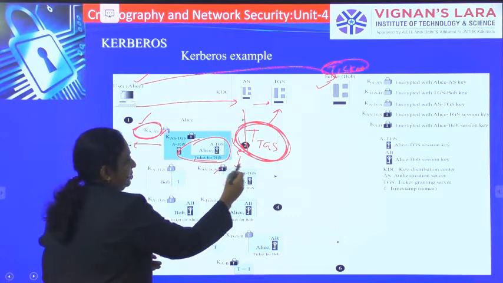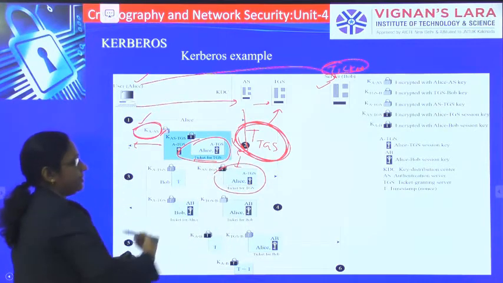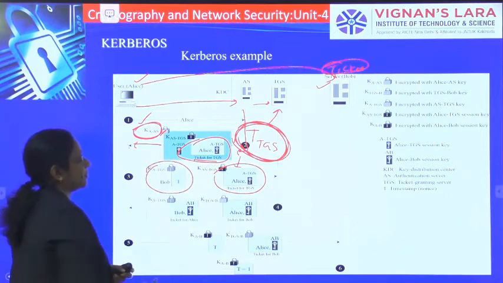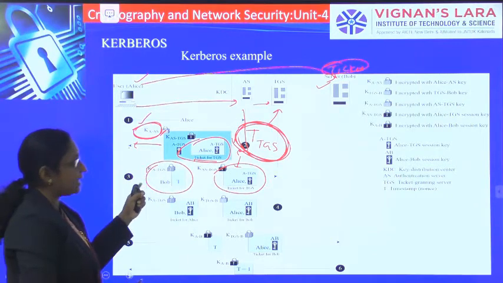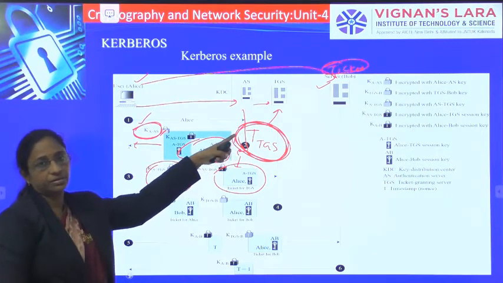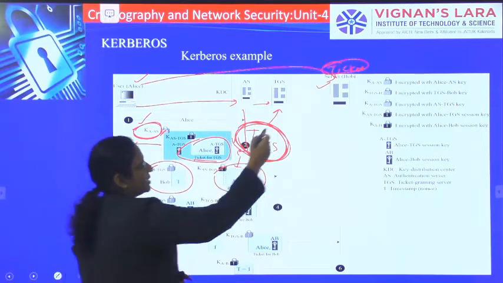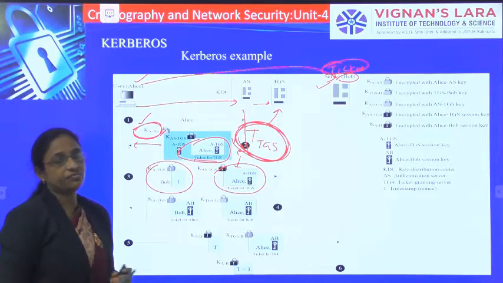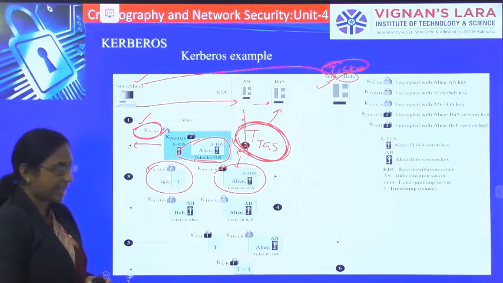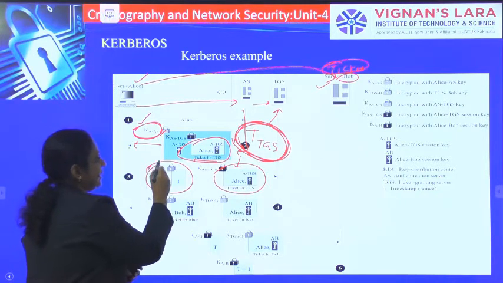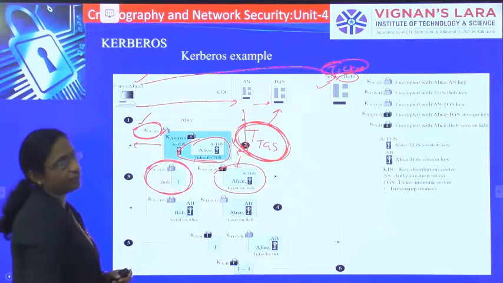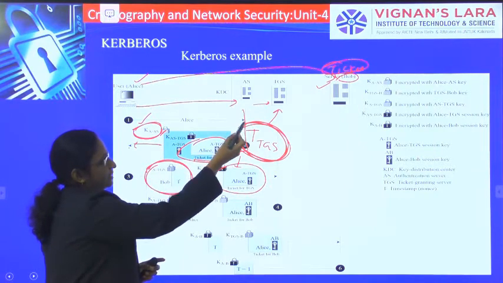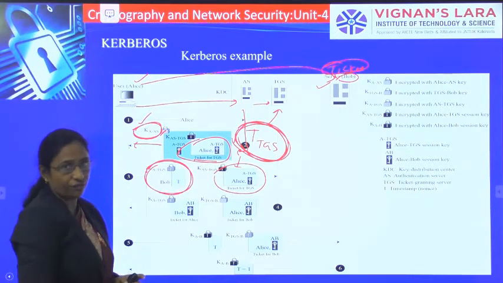After that, Alice sends this ticket along with a request. Since Alice wants to access the server that is called Bob, she sends the identity of Bob.